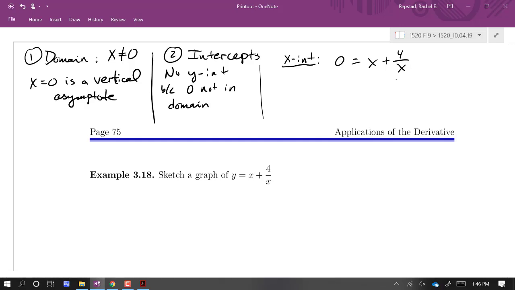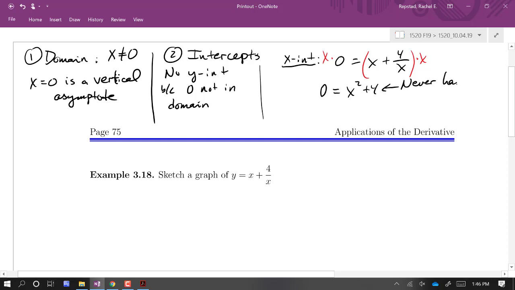If I'm solving an equation with fractions, I just clear denominators first, usually as a matter of course. It makes it a little bit easier. So I multiply through by x. Then on the left side we get 0 still, and on the right side we get x squared plus 4. When does that happen? Never. So no x-intercept. What we know so far is that we have a vertical asymptote at x equals 0 and no intercepts.